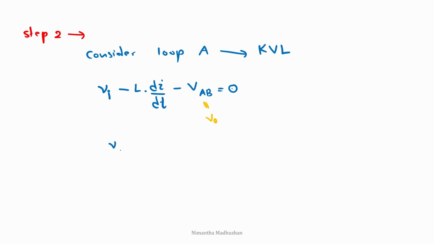Then we can write Vi minus L times di over dt minus Vout is equal to 0. And this is the derivation of one state variable, di over dt. Then we can rearrange: L times di over dt is equal to Vi minus Vout.